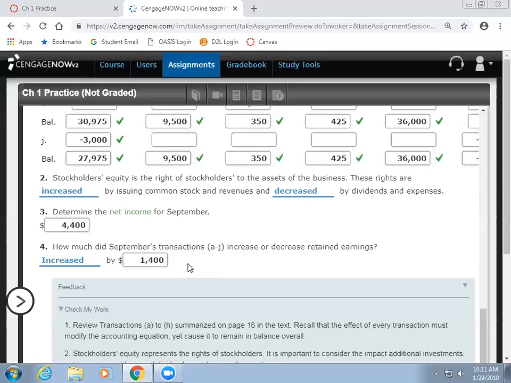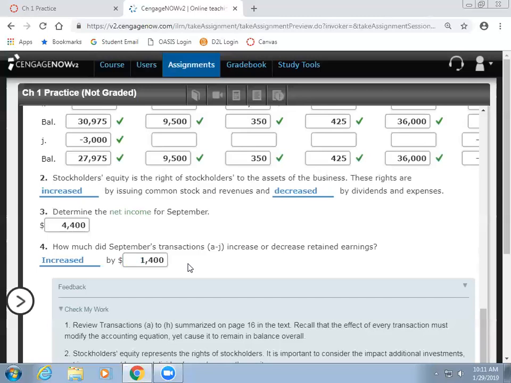A lot of times in the first few chapters when we're dealing with a service company, fees earned will just be our revenue account. So they may say you bill clients for services performed, and you just have to know that's fees earned. But yeah, there will be times when there will be rent or interest revenue, and it varies.